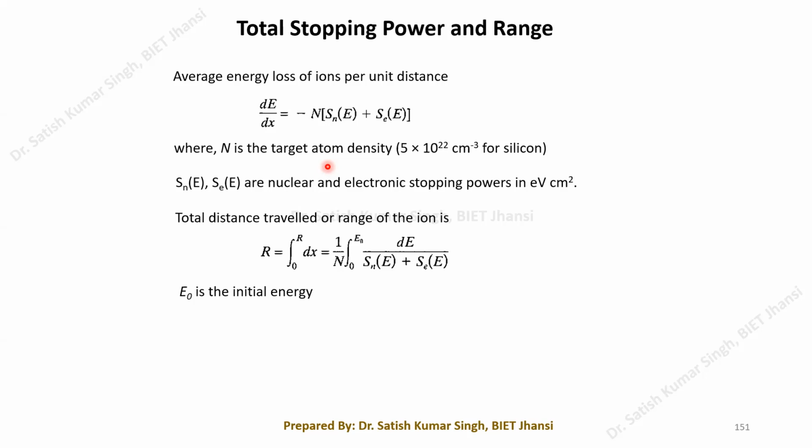And if we wish to calculate the total range that your ion beam is going to travel, then obviously we can write this dx here. You can modify this equation, and we can calculate the range by integrating over distance 0 to R. After doing this integration of dx over the range 0 to R, you will get 1 upon n, dE upon (SNE plus SEE).